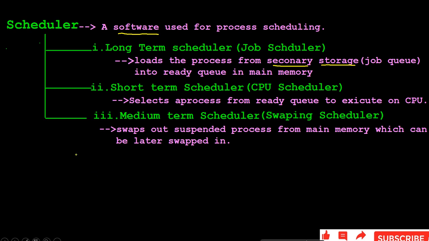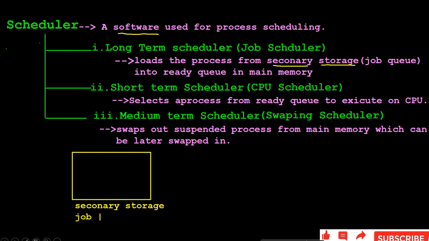So as we have discussed, for example, consider this is our secondary storage. One more name is also given for secondary storage. It is called the job pool, also called the job queue. It will consist of all the programs which are ready to execute, which need to be executed. Since it is a queue, we are drawing it like this. The principle of a queue is first in first out: whichever is loaded first will be executed first.